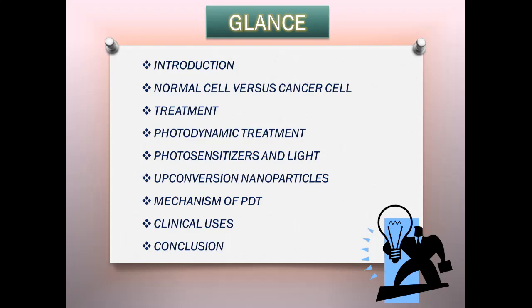The mechanism of PDT, as photodynamic therapy is called in short, is how these photosensitizers and light work together as a team to kill the cancer cells. Photodynamic therapy is used in a great many diseases. We will discuss this in the further slides.